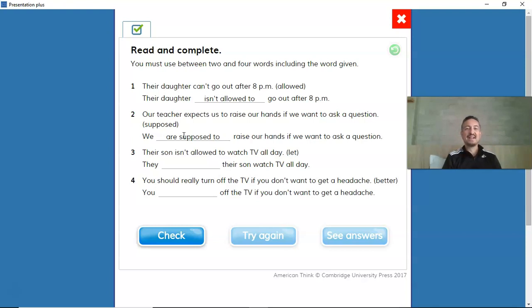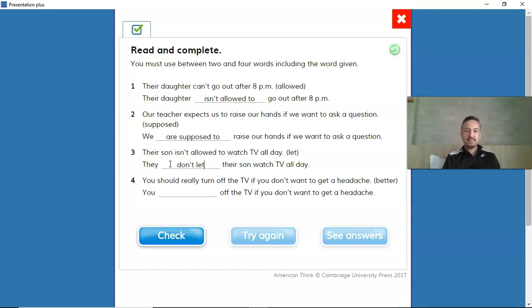Here, their son isn't allowed to watch TV all day. Let is also a permission. To be allowed to is to be permitted, and let is also a permission, but in the active voice. So if their son isn't allowed to watch TV, they don't let their son watch TV all day.